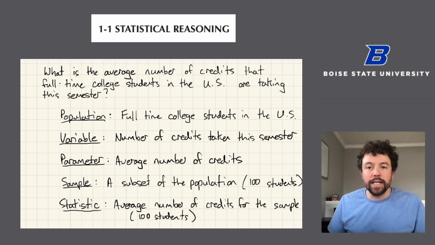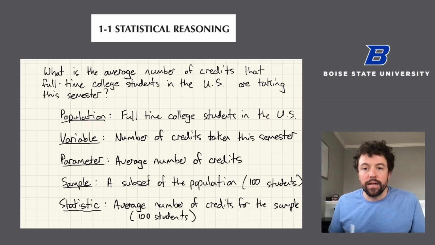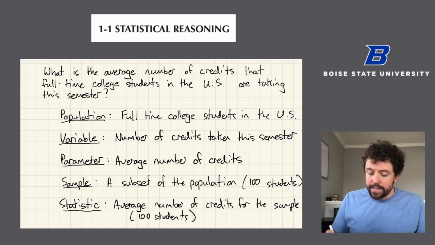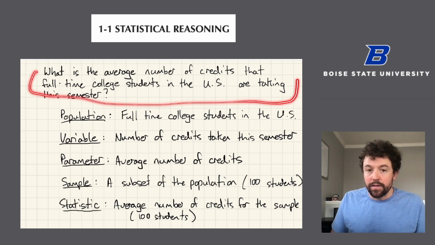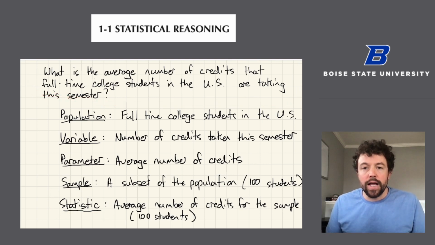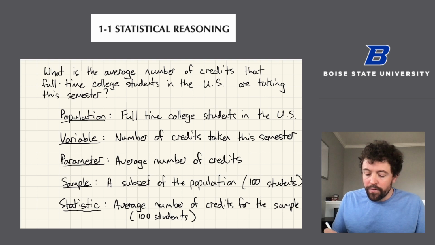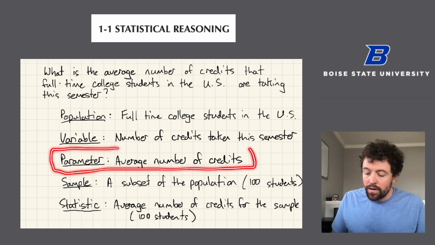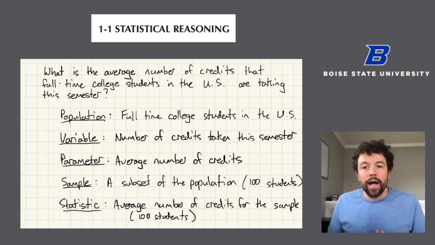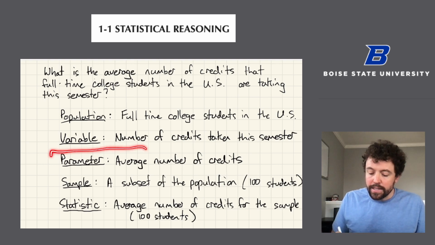So the idea here is, let's suppose that for this subset, for this 100 students, the average number of credits they're taking this semester is 12.4. That would be a statistic. It describes the sample, and it doesn't really answer this question that we're trying to answer, because it's just an average for this group of 100 students. And we really wanted the average for all college students. But if from the sample we found that the average number of credits that students were taking was 12.4 this semester, hopefully that's an estimate of the parameter.